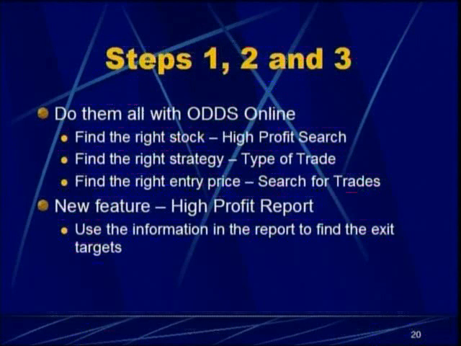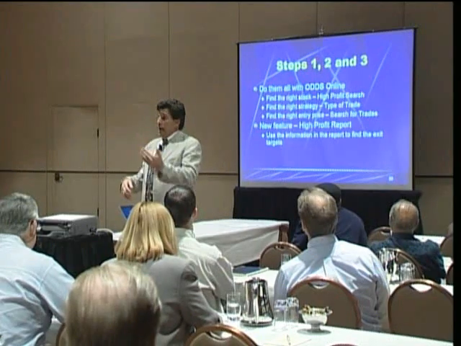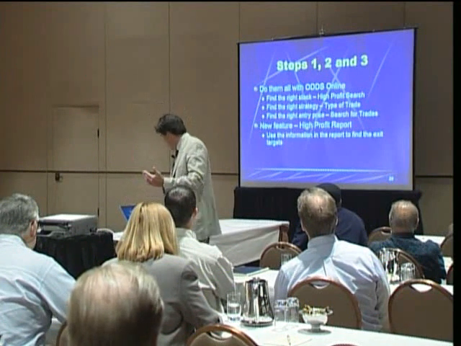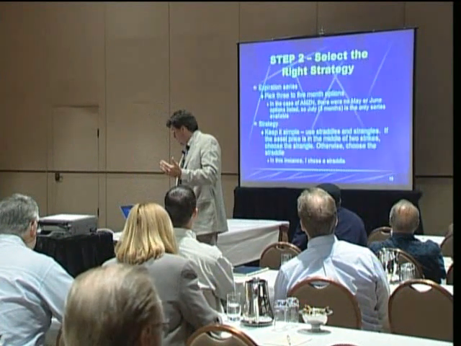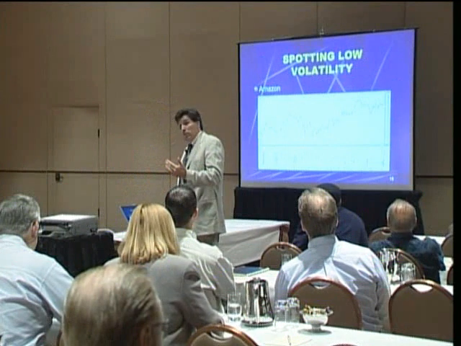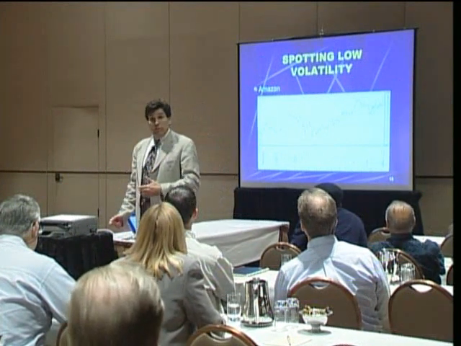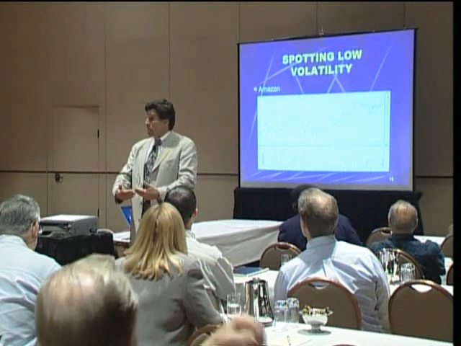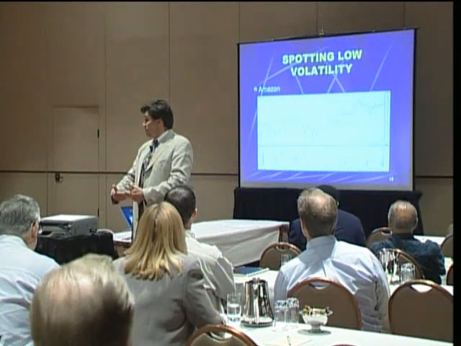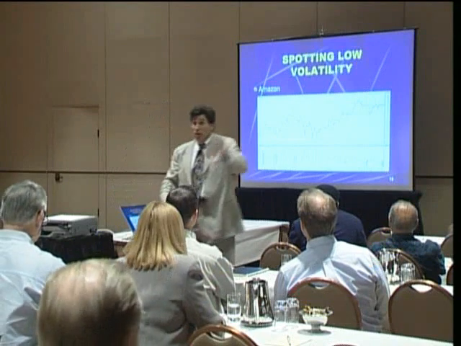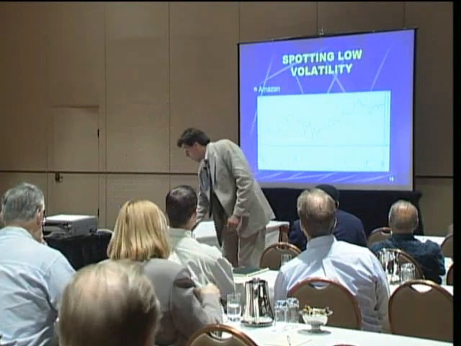But what I'd like to do now is take a step back and go back to these earlier screens, spotting low volatility. And what I'd like to do is show you step by step how we would do that live. Okay? So you all up for it? All right, here we go.